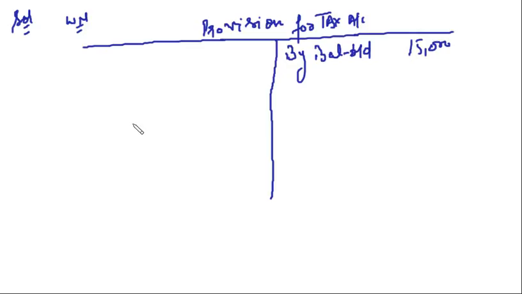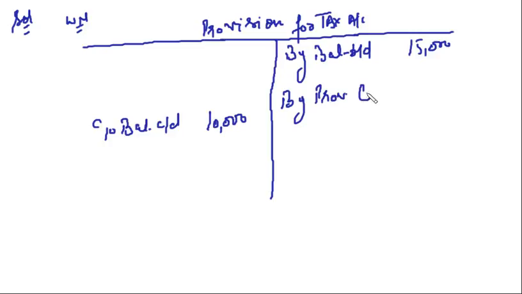We have the closing balance to balance carried down, that is 10,000. And what is the provision created during the year? By provision created during year was 50,000.